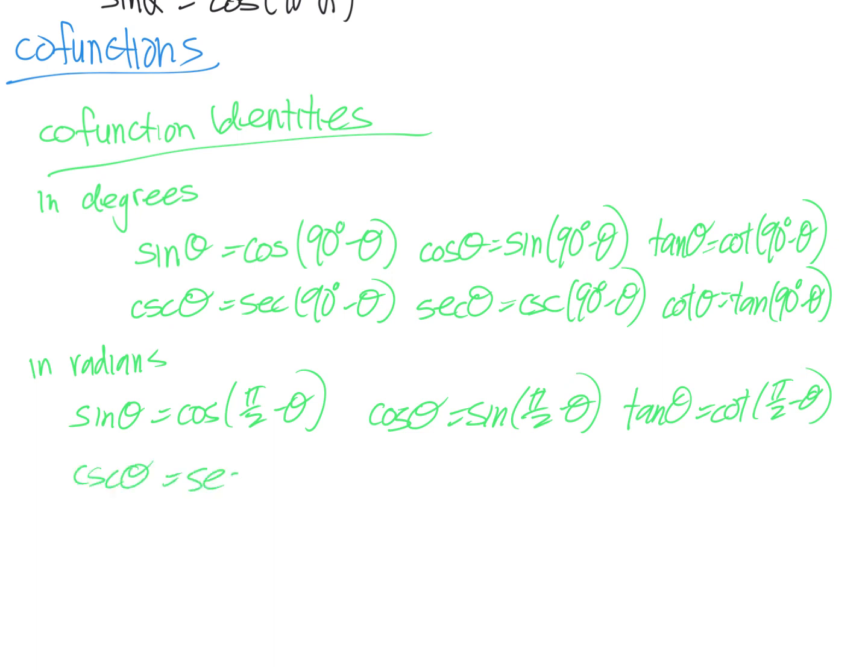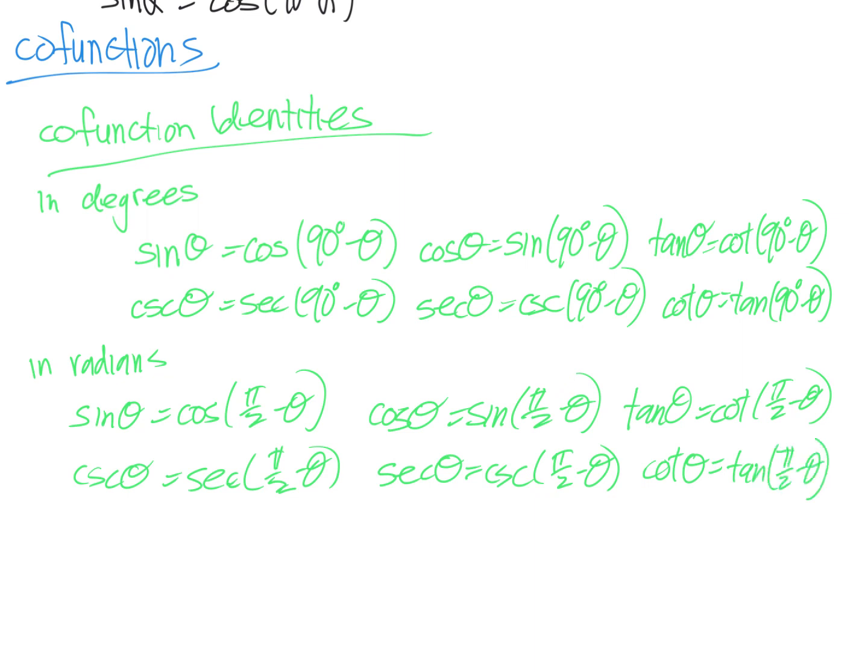Cosecant is secant of pi over 2 minus theta. Secant of theta is cosecant of pi over 2 minus theta, and then cotangent of theta is tangent of pi over 2 minus theta. So these are our cofunction identities.